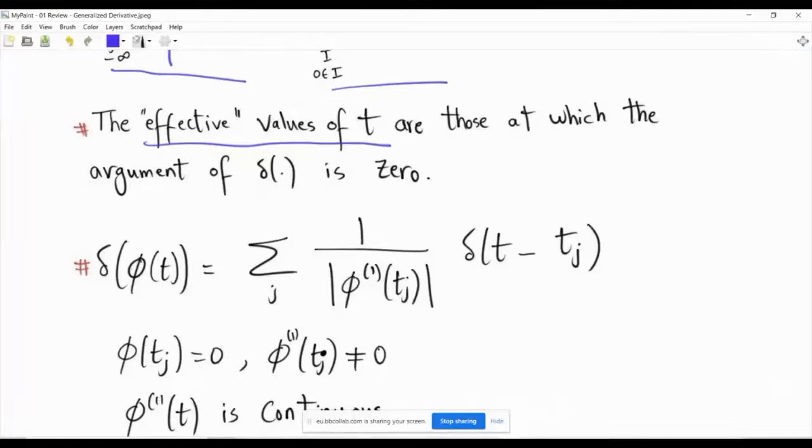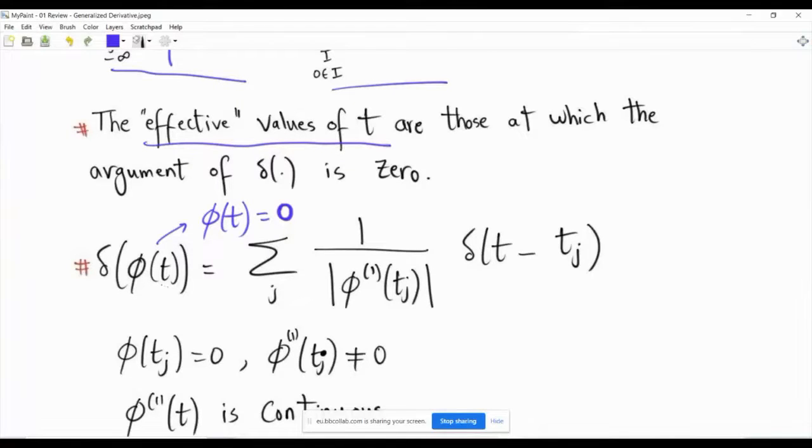So the first order of business is to say what are the solutions to the equation phi(t) equals 0. This is the equation from which we can obtain the values of t that are important in obtaining our results.